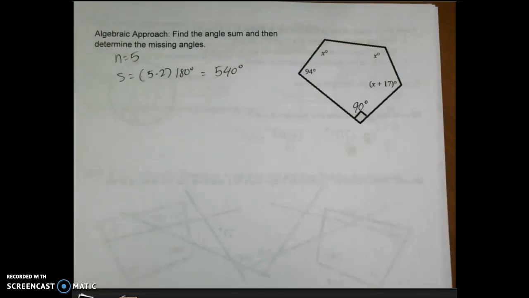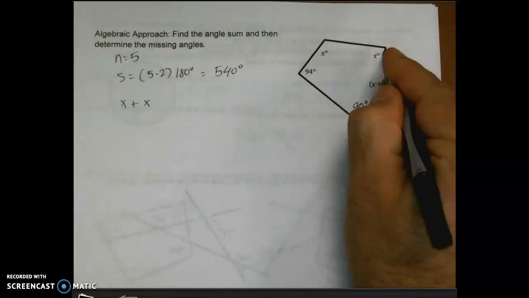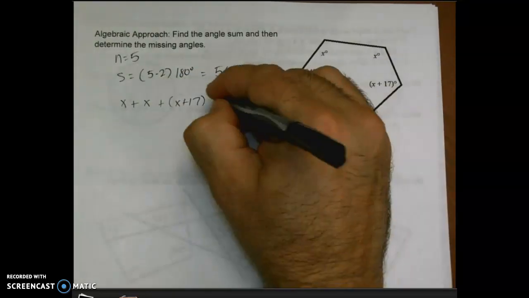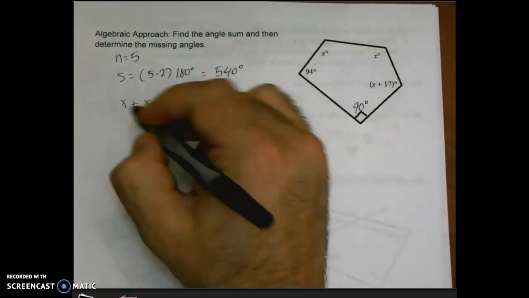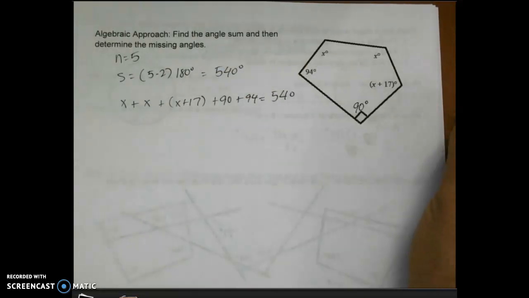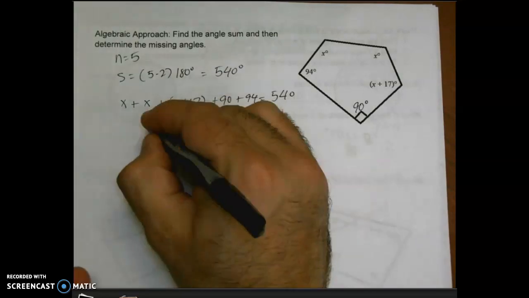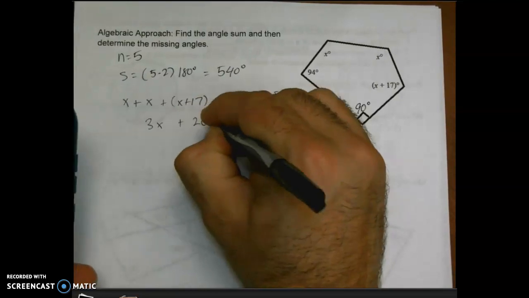Now to write an equation, I would say, well, I've got x plus x plus x plus 17 plus 90 plus 94. Those are my 5 angle measures. That equals 540 degrees. Then I need to add up my terms here. I've got x plus x plus x, which is 3x. Then I've got 17 plus 90 plus 94, which is 201.